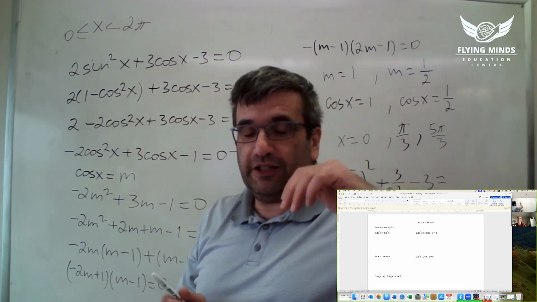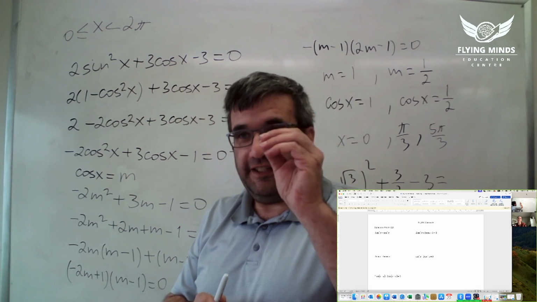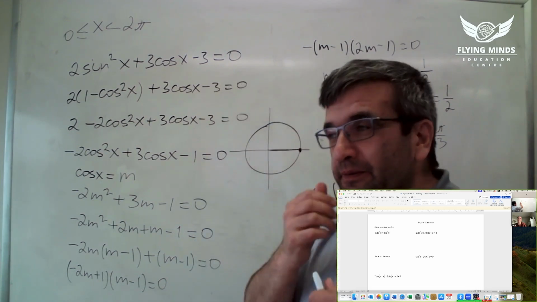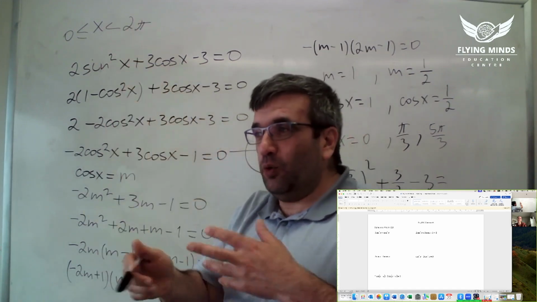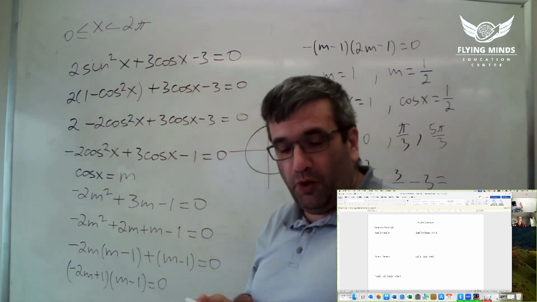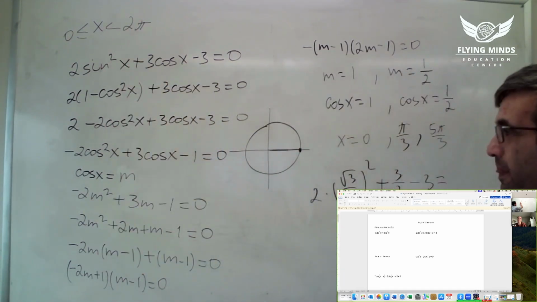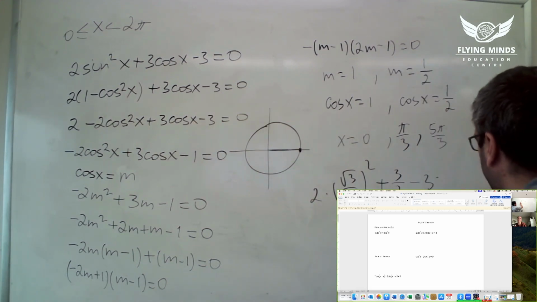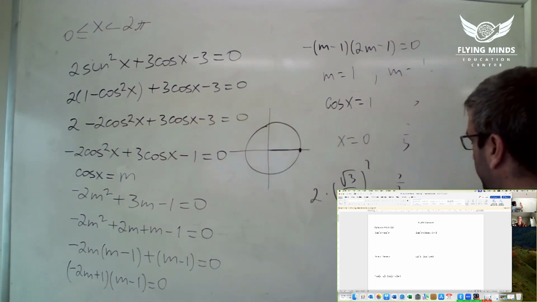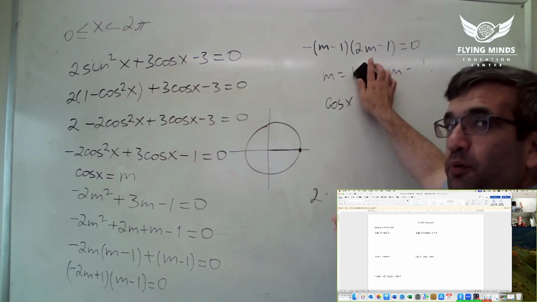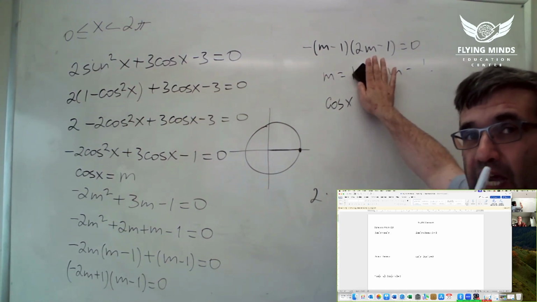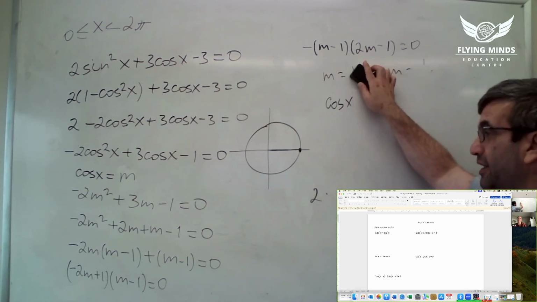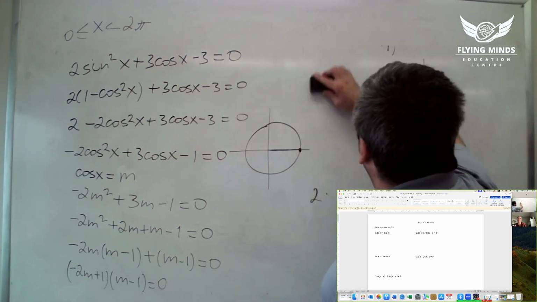So it should be like theta, what we're more used to. They put x to show that it's an unknown value. It's an equation, and we need to find the unknown value.